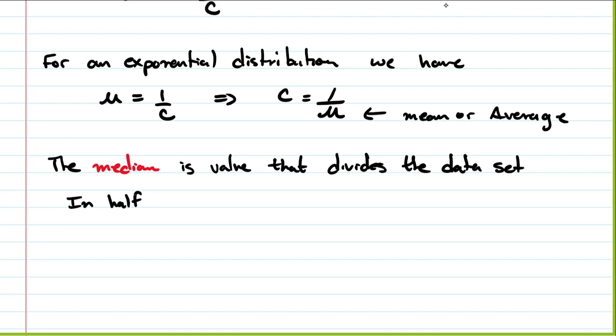So what that means is if we have a data set, it's the number that's in the middle out of all of our data set points. So if we look at all of them, it tells us, well, 50% of the data set is above that value and 50% of the data set is below that value.